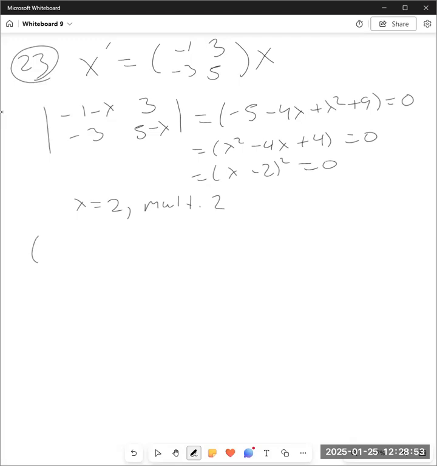That gives me -1 minus 2, which is -3. Then we have 3, -3, 5 minus 2 is 3, 0, 0. That's going to turn into [1, -1, 0; 0, 0, 0], just multiplying this top equation through by -1/3 to simplify it a little bit.